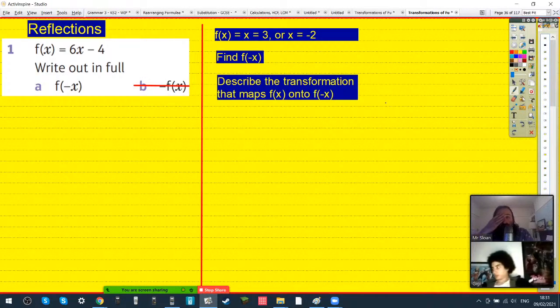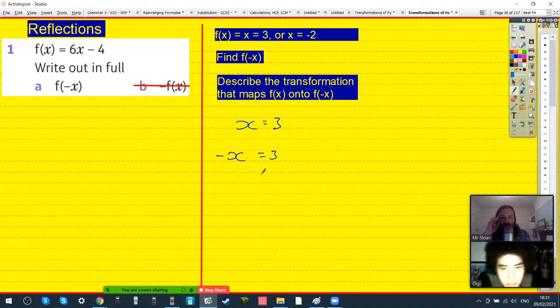Okay, reflections. Let's just do the one on the right. Let's see. So we have x equals 3. It becomes minus x equals 3. And so what is x now?